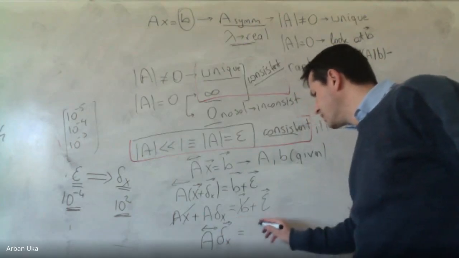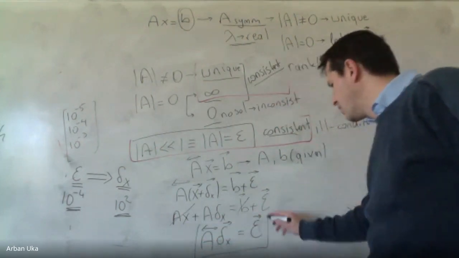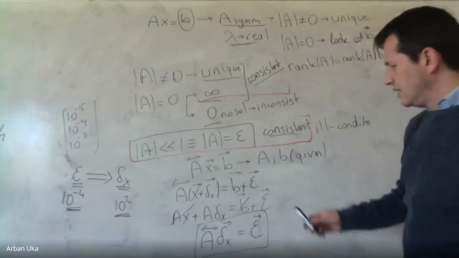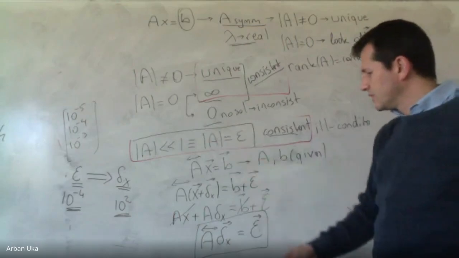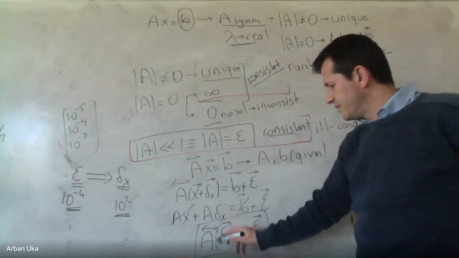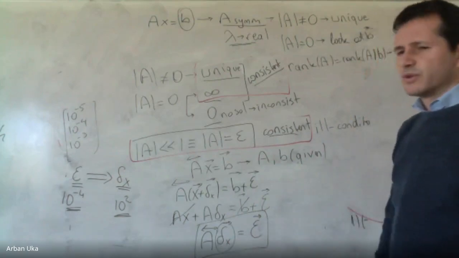This would be equal to this infinitesimally small perturbation or fluctuation in b. So if we know the change in b, this delta x would be the unknown in this case. Okay, if you want to find how much it perturbs.